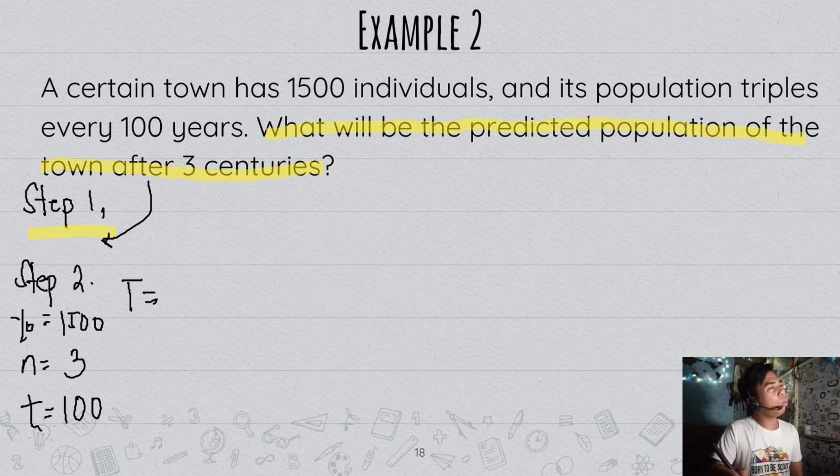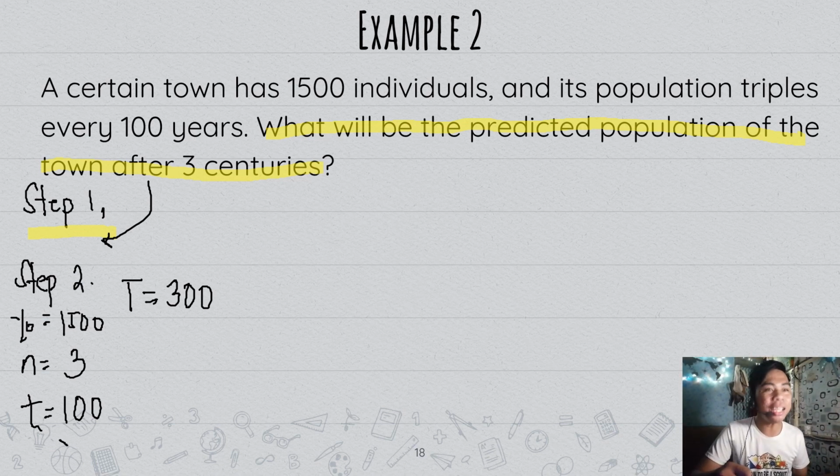So, if there are 100 years in one century, how many years are there in 3 centuries? Very good. That is 300. Okay. Now, since our units of time are similar, maybe we can start solving. But not yet because we haven't written our formula.